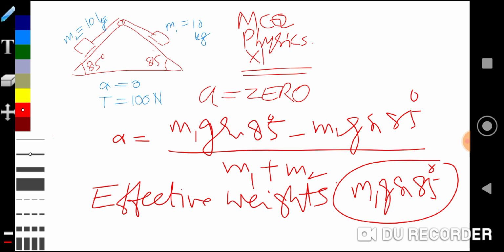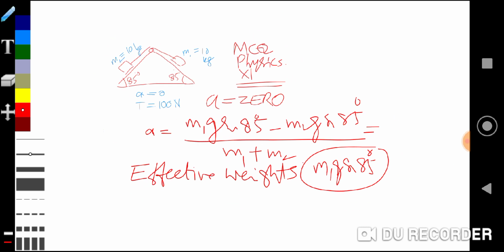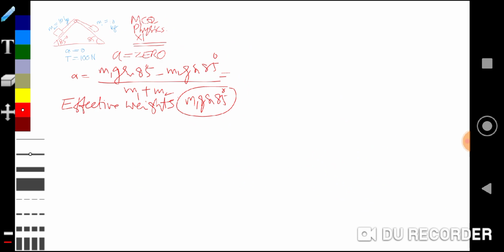Therefore m1 g sine of 85 subtracted from m1 g sine of 85 gives 0. Therefore the acceleration will be 0 for this case.